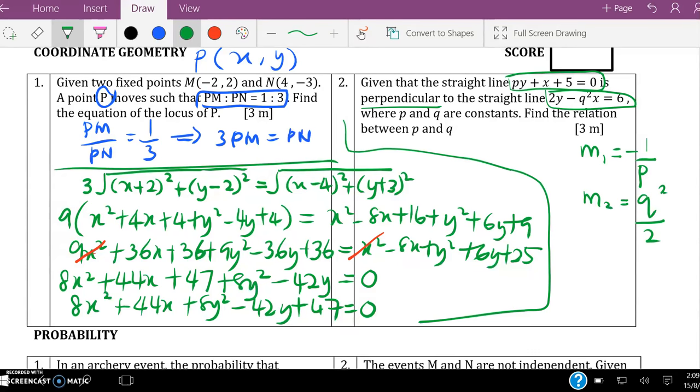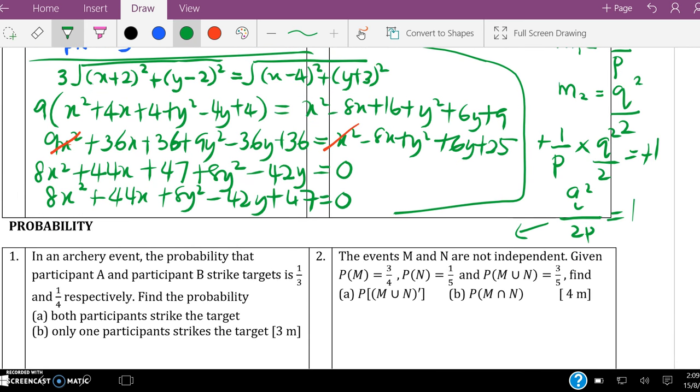When they are perpendicular to each other, M1 times M2 is negative 1. So negative 1 over P times Q squared over 2 is negative 1.